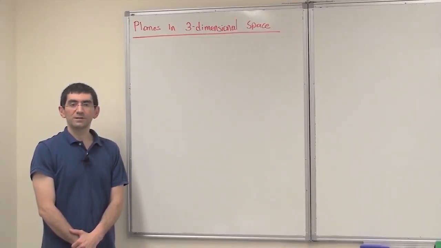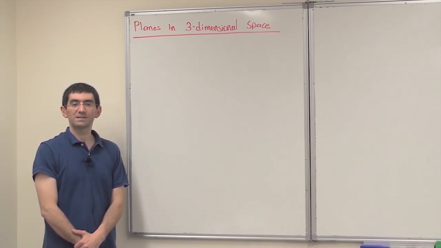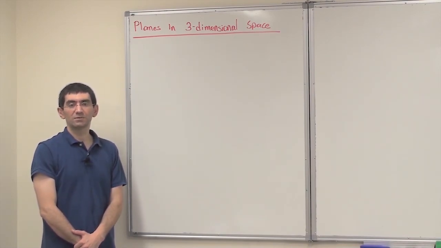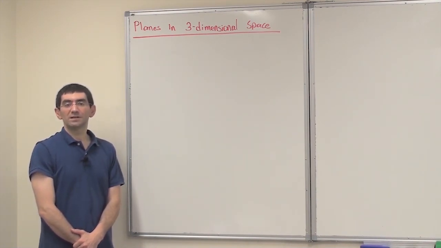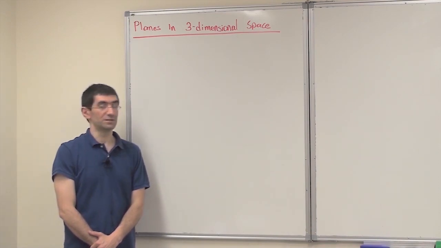Hello. In this video, we are going to talk about planes in three-dimensional space. To be more precise, we are going to learn what is needed to determine a plane equation and what are different forms of plane equations.